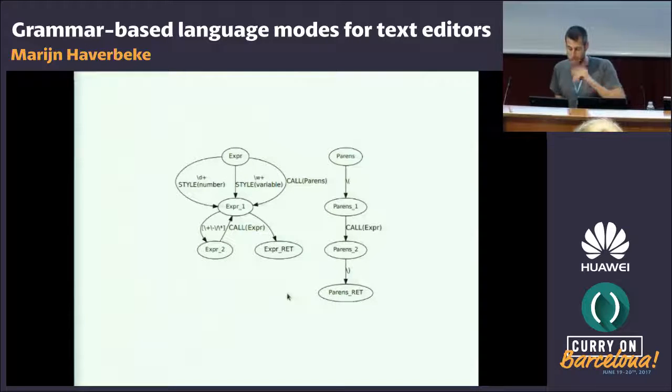So I want to quickly get back to the error tolerance. What I'm doing here is that when it can't make progress, when it, for example, gets stuck in a node and none of the edges that go out from there match the current input, what it'll first do is try to basically insert tokens by skipping edges.